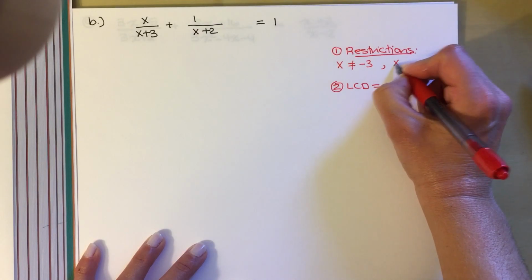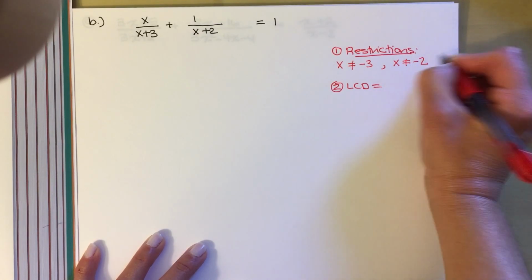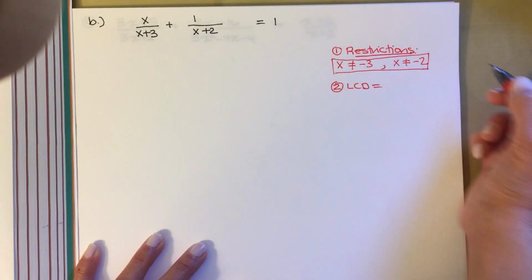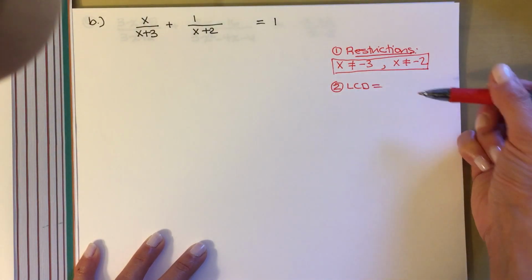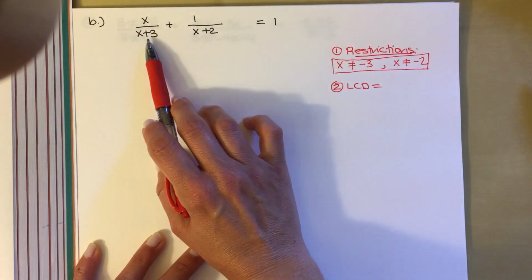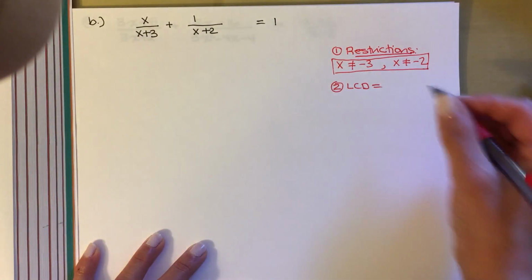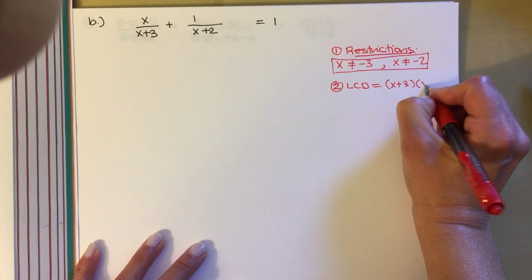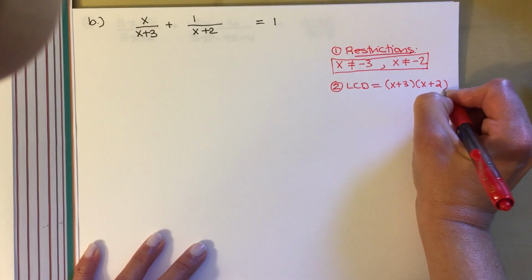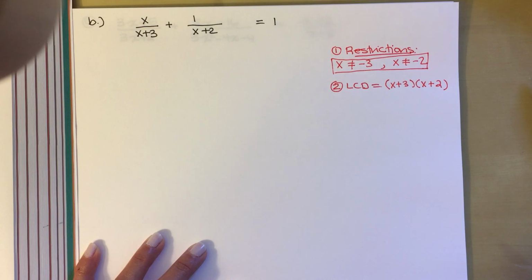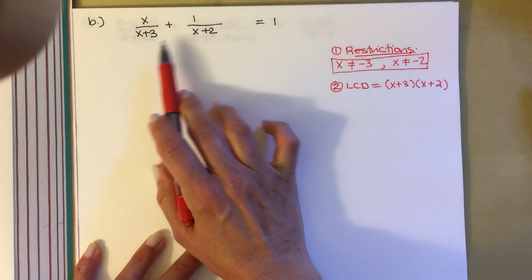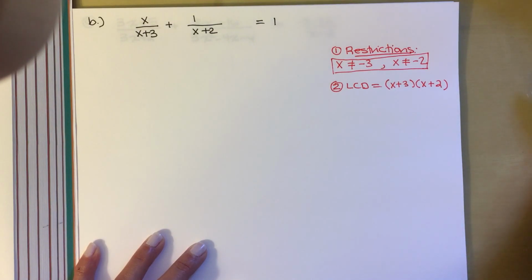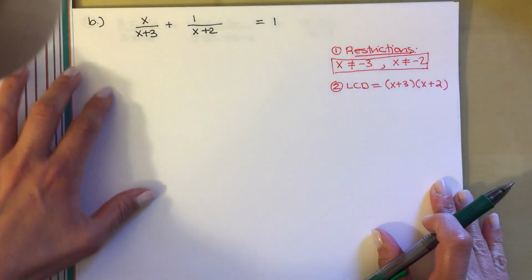And we also get that x cannot be negative 2. These are the restrictions for this problem. And to get the LCD, again, it's just going to be the product of these two, x plus 3 times x plus 2. We now need to multiply every single part of the equation by the LCD to eliminate fractions.